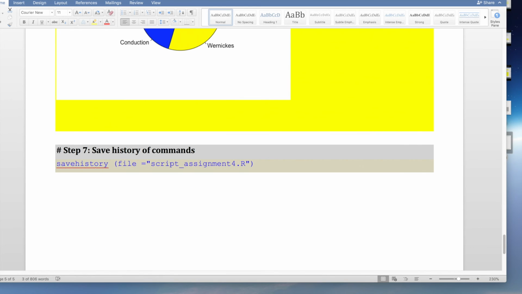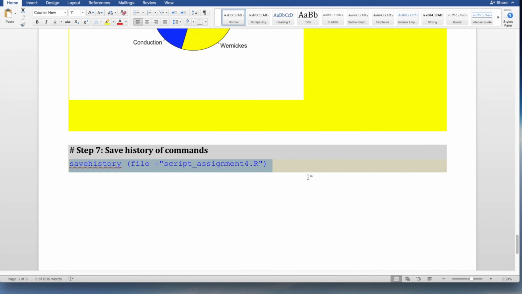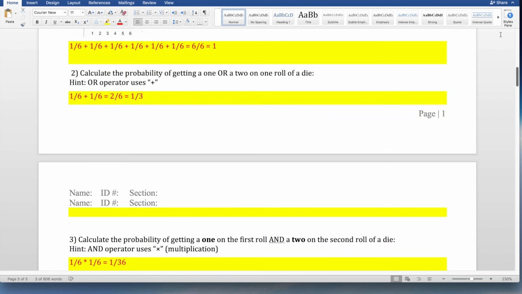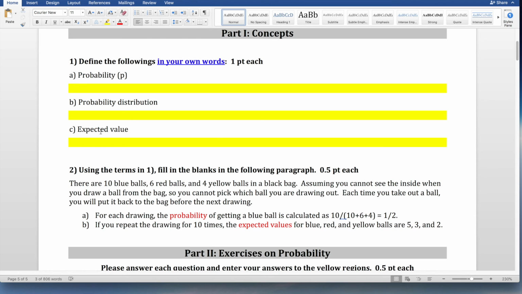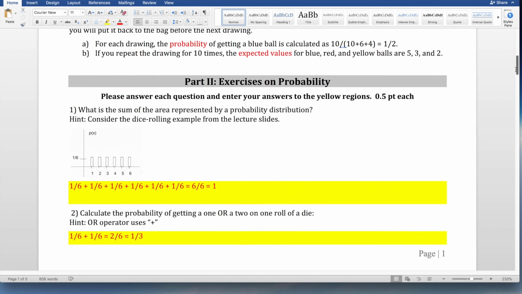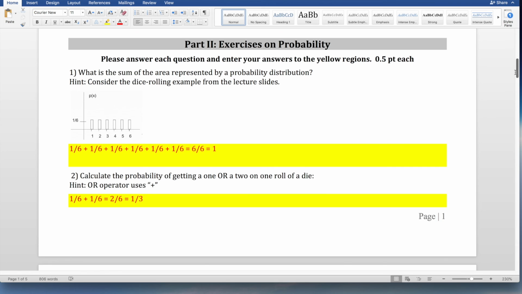All right, and so just to go through what you need to have filled out in this assignment, we'll go at the beginning. So you want to have your 3 definitions for the concepts: probability, probability distribution, and expected value. You'll want to have these 2 spaces filled in. So for part A, you got probability, part B, it was expected values. And then for part 2, you will have an answer to 4 questions.